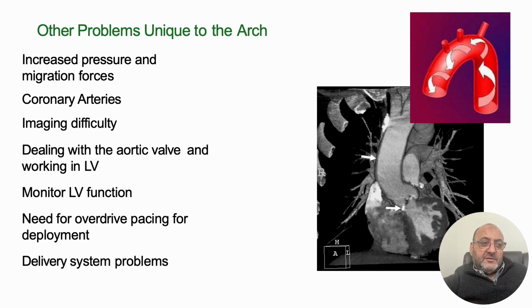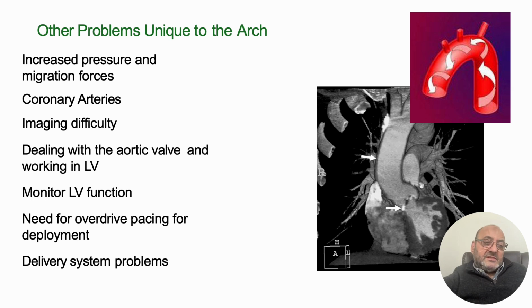Then there's dealing with the left ventricular function and the valve, since the left ventricle is working, pumping. All of these considerations should be accounted for, and then you need to decide whether you need to slow down the heart or stop the pressure, either with rapid pacing, or sometimes people put a balloon in the SVC.